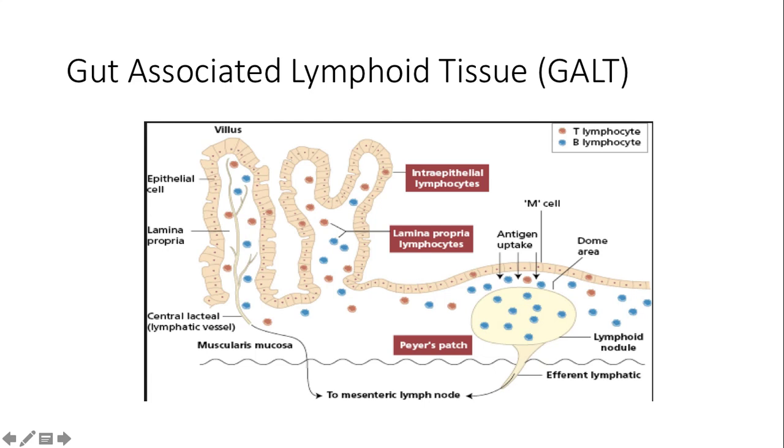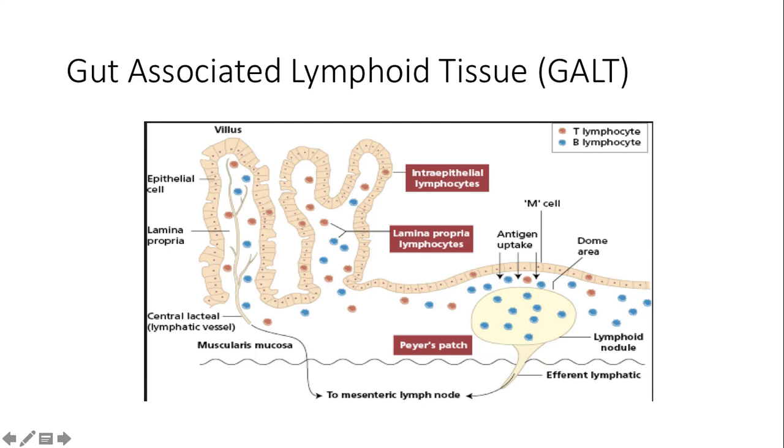So the internal mucosa of the small intestine is made up of finger-like projections, what we call the villi, covered by a thin layer of epithelial cells that are responsible for digestion and absorption of nutrients. The tissue layer underlying the epithelium is called the lamina propria, as we mentioned in a previous slide.